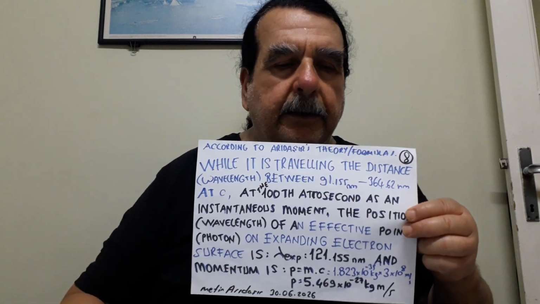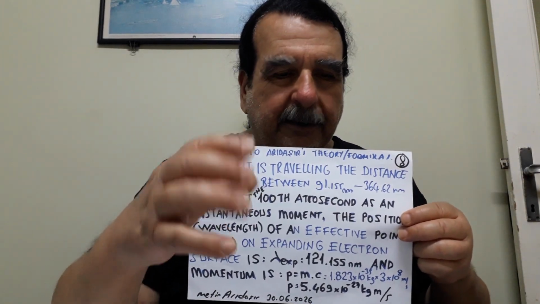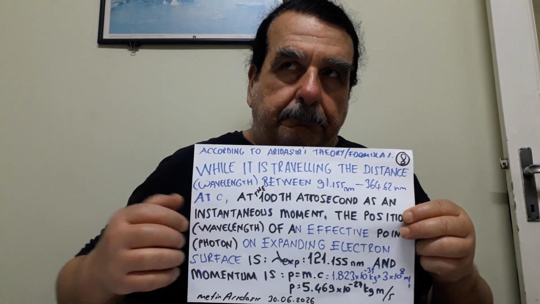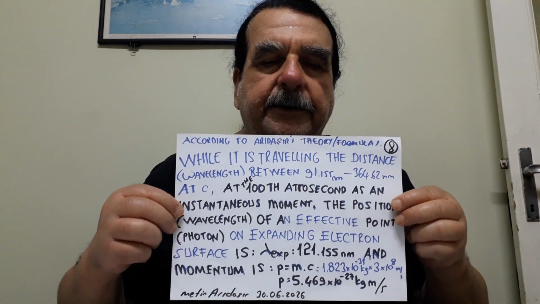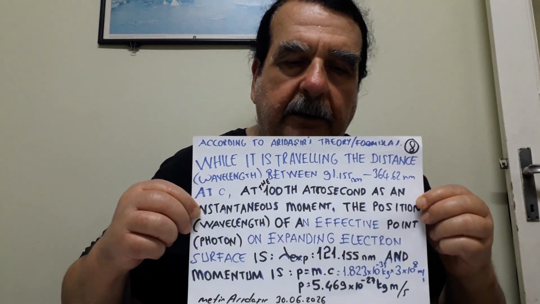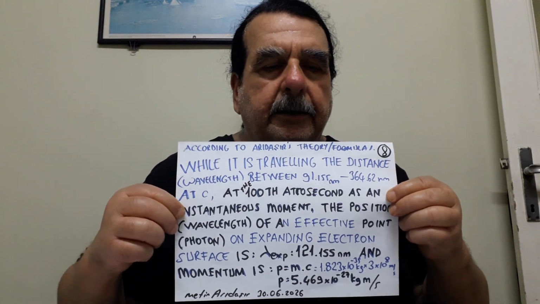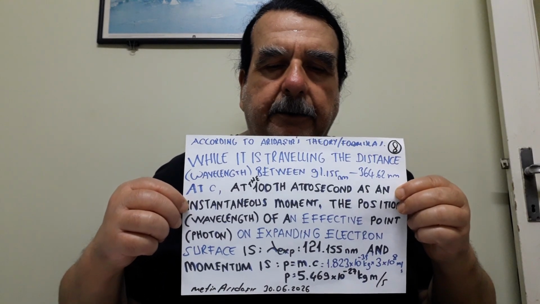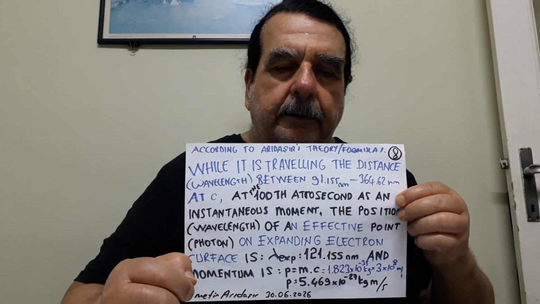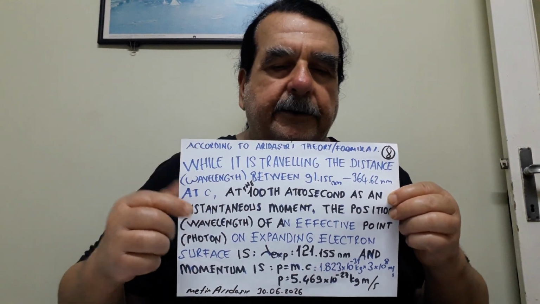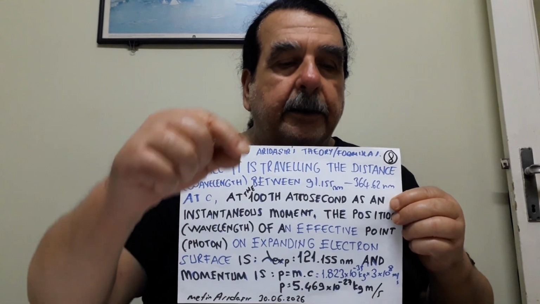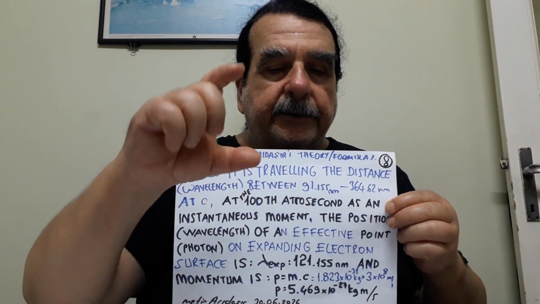8. Now I will compute momentum of a point on 121 nanometer position. Momentum equals m multiplied by speed of light equals 5.469 10 to the minus 27 kilogram meter per second, while it is the position wavelength of an effective point traveling the distance wavelength between 91 nanometer and 364 nanometer at speed of light at the 100 attosecond as an instantaneous moment.